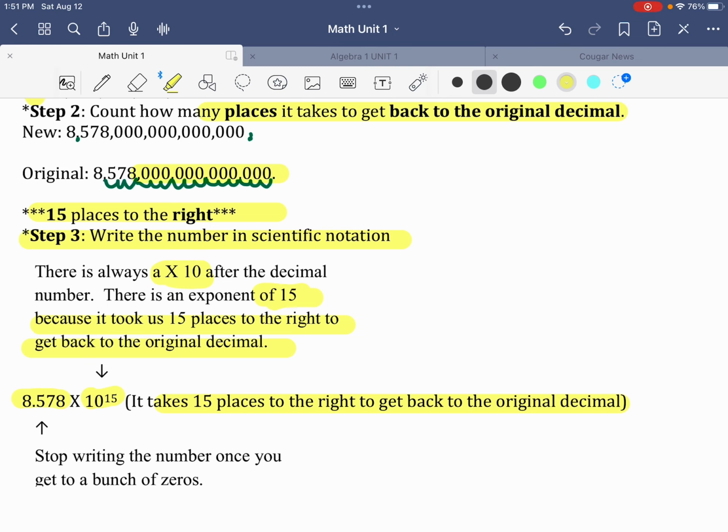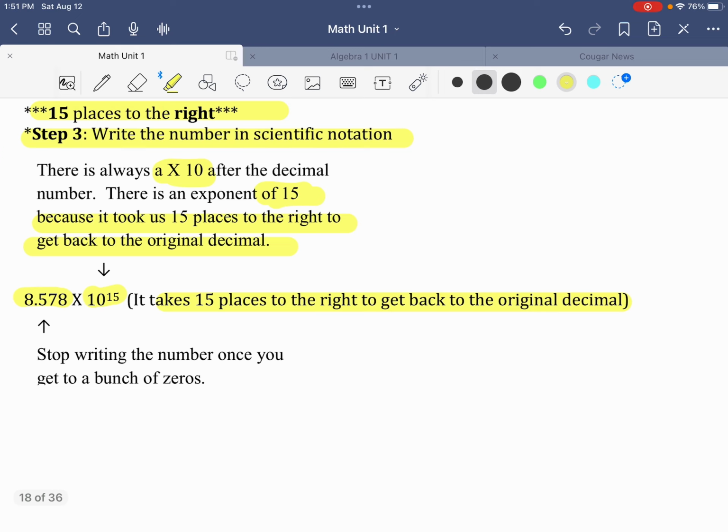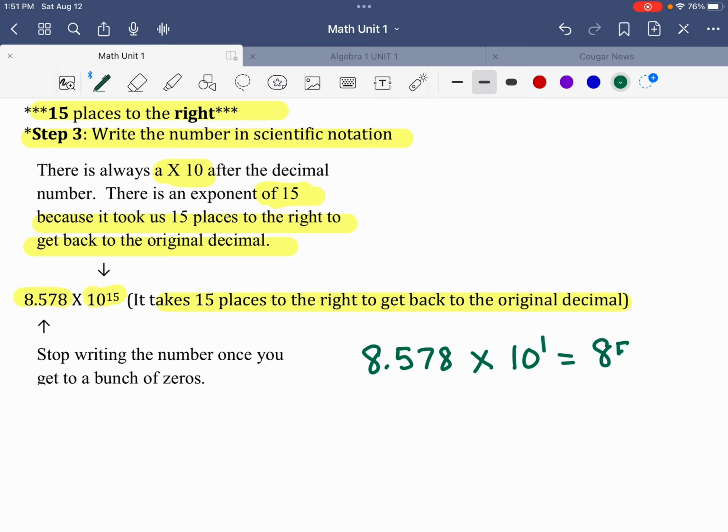If you want to stop now and try something in your calculator, this might help you understand why scientific notation works. If you take 8.578 and multiply it times 10 to the first power, it will move the decimal one place to the right, and it'll be 85.78.